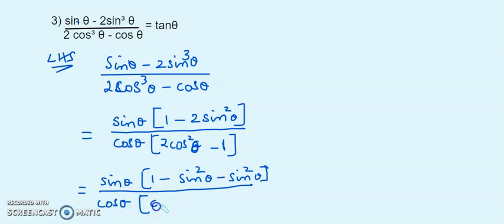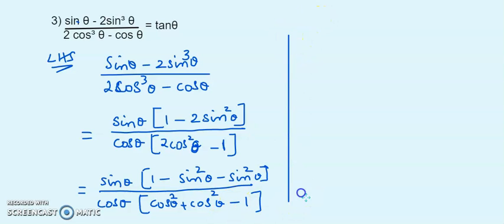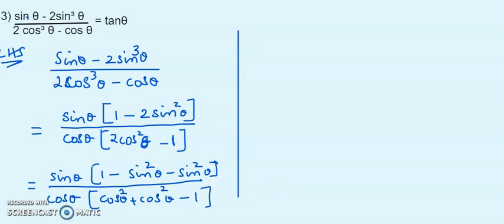Now what I'm going to do, I'm going to write the identity for 1. What do I mean by for 1? Sine square theta plus cos square theta equals 1. That I'm going to apply in the numerator and the denominator both. So both the places wherever I have 1, I'm going to put sine square theta plus cos square theta. So let's write it down. Sine theta will be common.